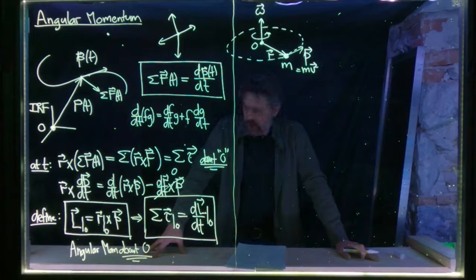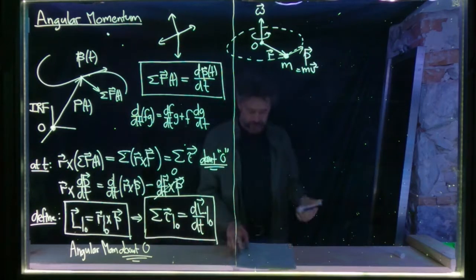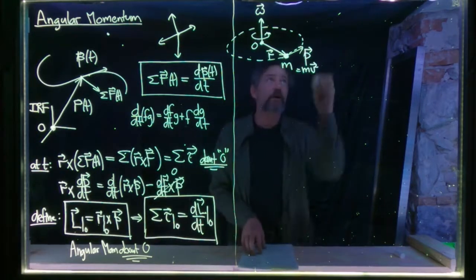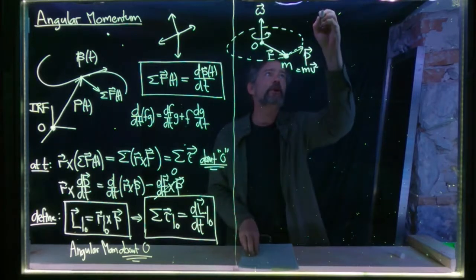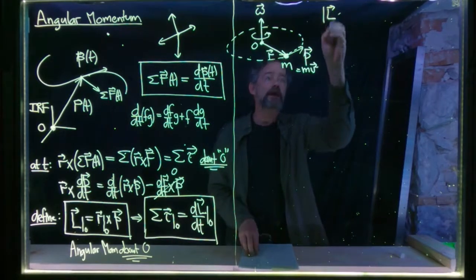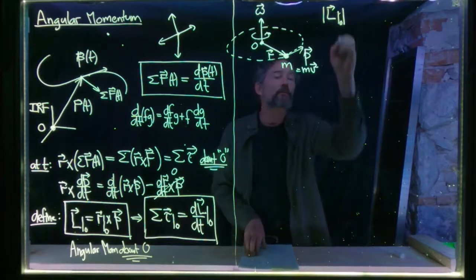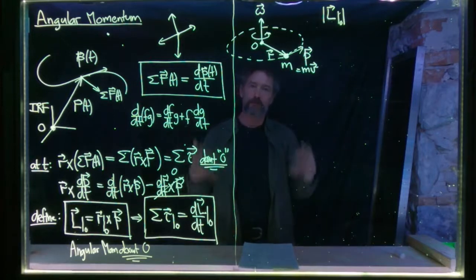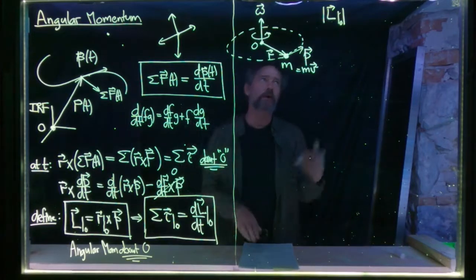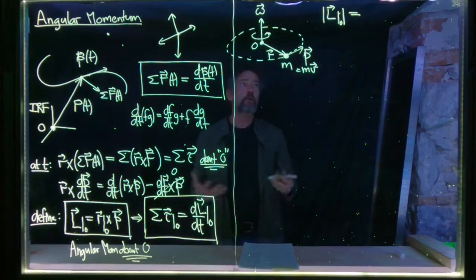So now we need to evaluate the angular momentum that this rigid body has about the point O. So it's a vector. We need to work out the magnitude and the direction. So the magnitude of the angular momentum about the point O. I'll be dropping this eventually, but initially I want to keep emphasizing over and over again, it's the angular momentum about our chosen point O. Well, what is that?